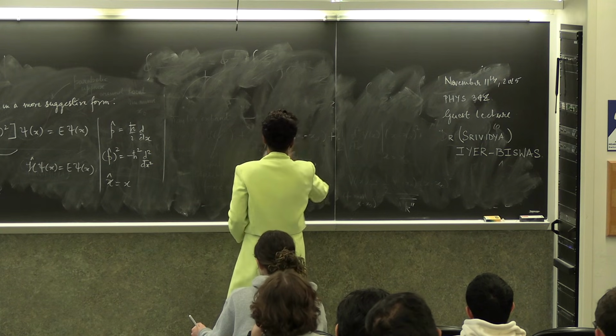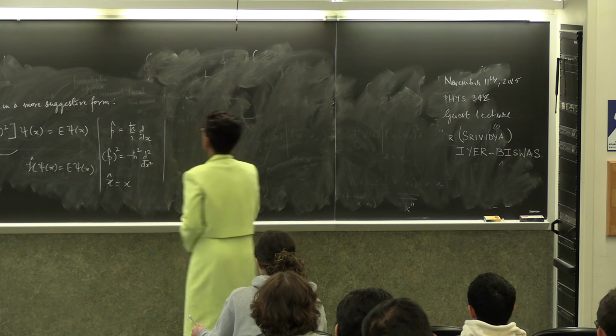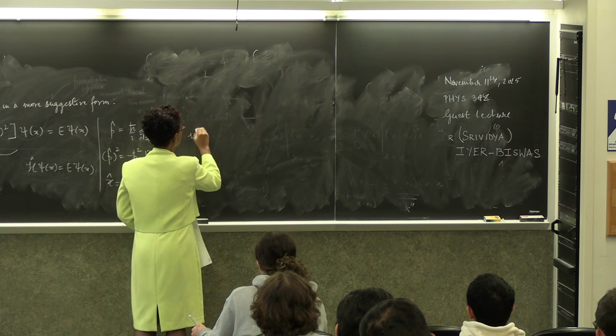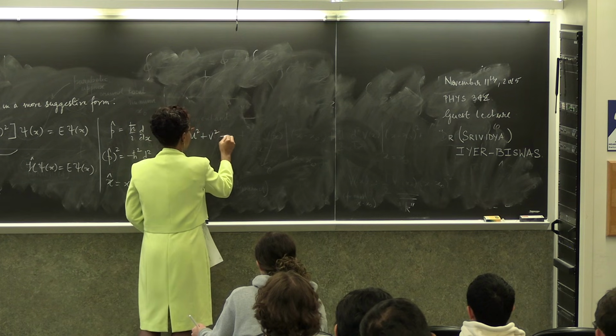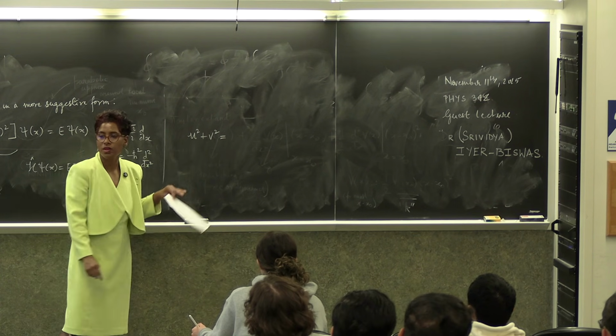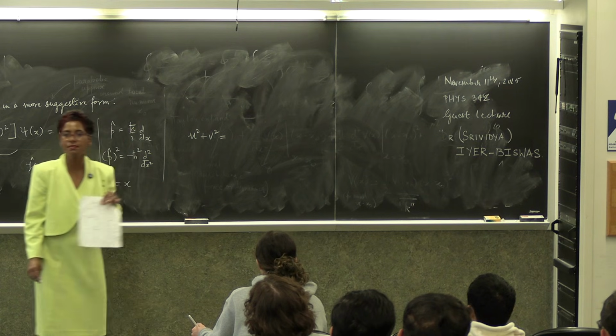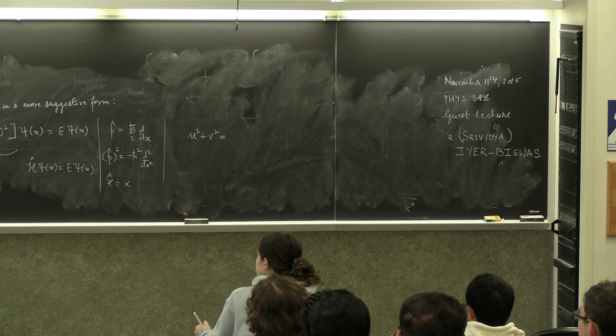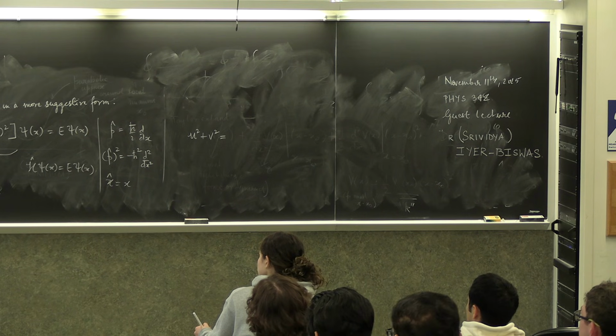let me tell you what I mean by that. Think about the algebraic identity, u square plus v square. Can anybody factorize this for me? Yes. Go ahead. U plus vi and u minus vi. I think you said u plus iv and u minus iv.